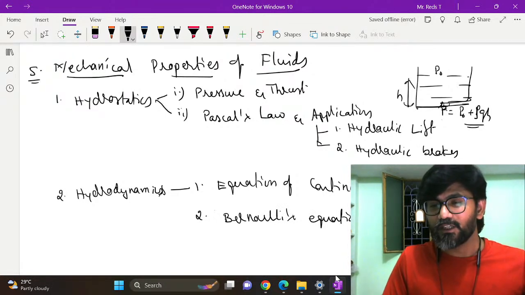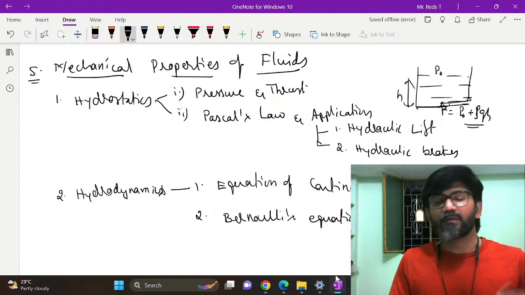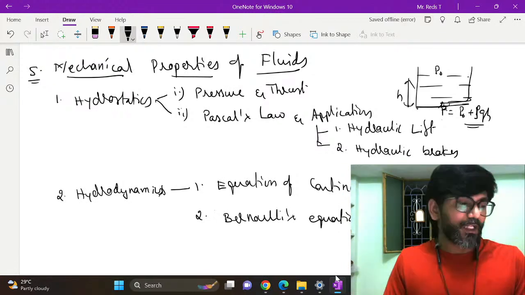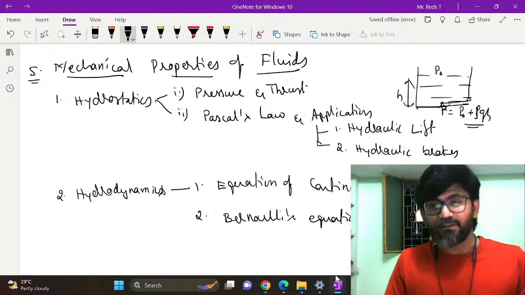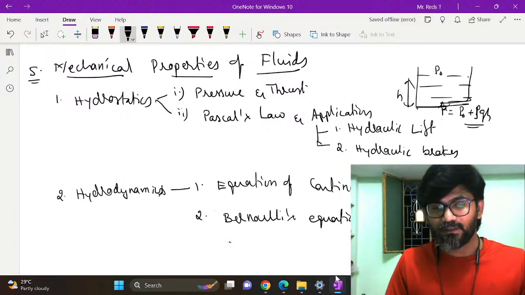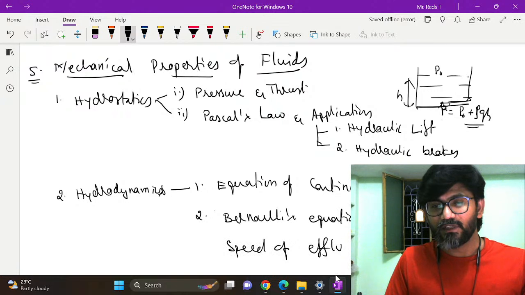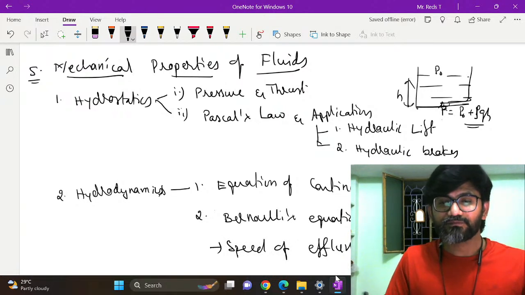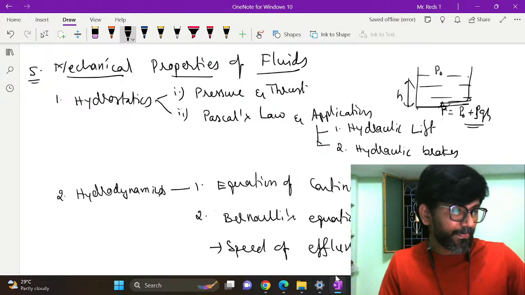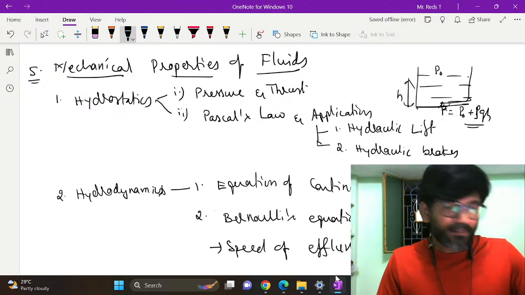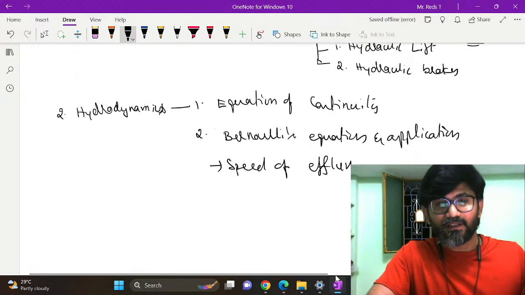In different applications you may come across, one of the very important applications is calculation of speed of efflux. Then this is again the hydrostatics and hydrodynamics part.